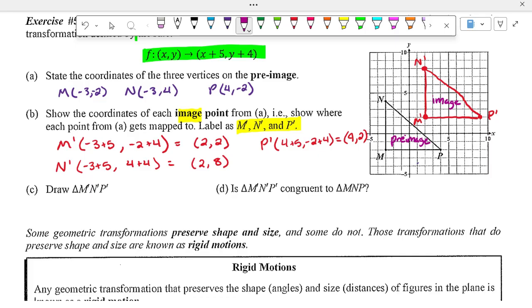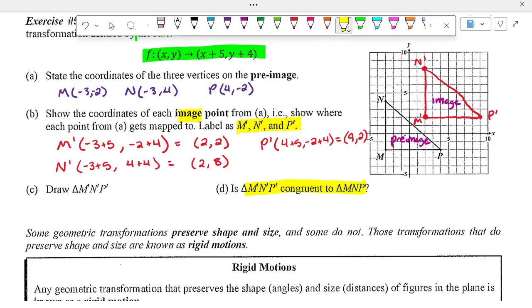Is triangle M prime, N prime, P prime, so the red triangle that we just drew, congruent to triangle MNP, so the original? First off, can anyone remind me what the word congruent means? So if I say that this triangle is congruent to this triangle, what does that mean?